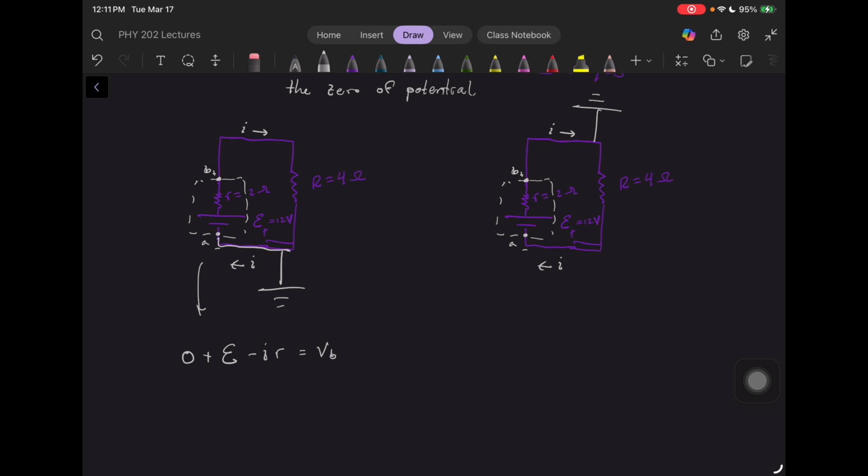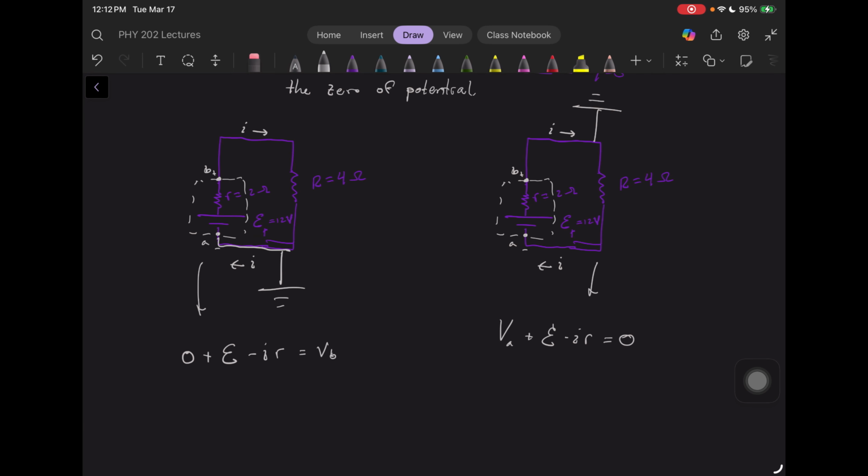Whereas here we're going to say VA plus E minus IR is now equal to 0 because we're grounded there.